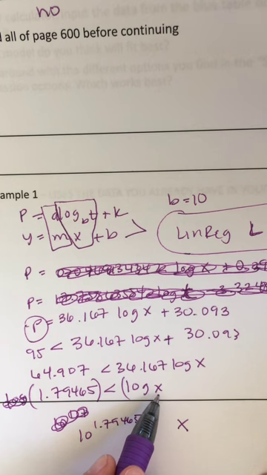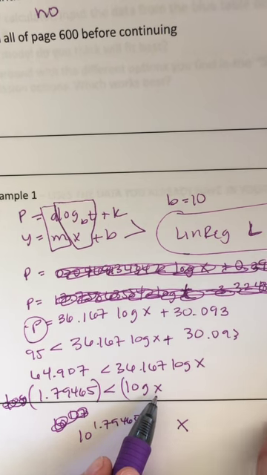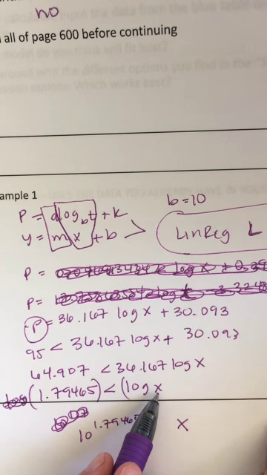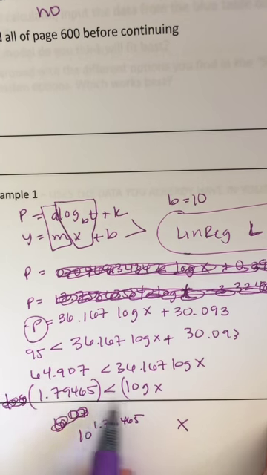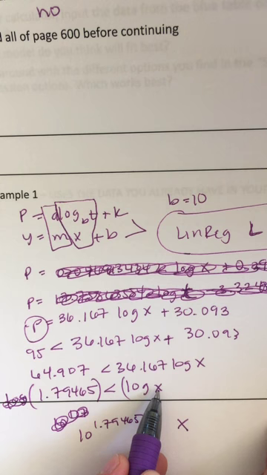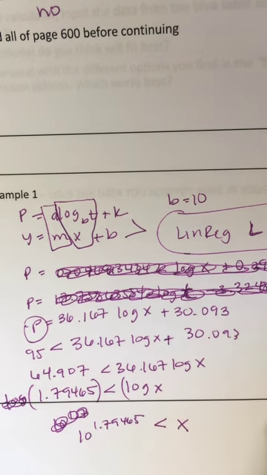It's between 1 and 2, I know that. So if I do 1, log of 1 will not be greater than that because it's not greater than 95. So that would have to be 2, so x has to be greater. So I'm keeping the greater than. Yes, okay.